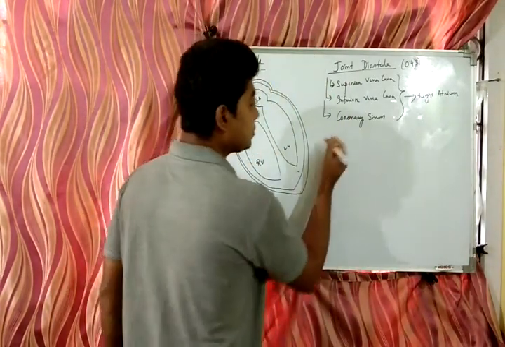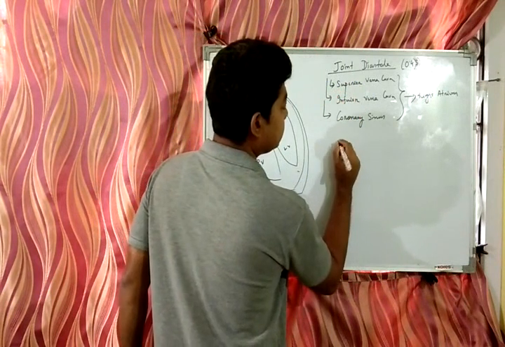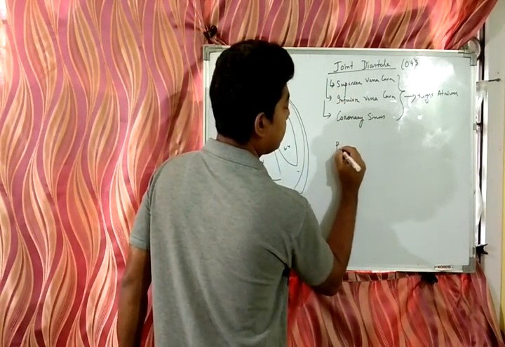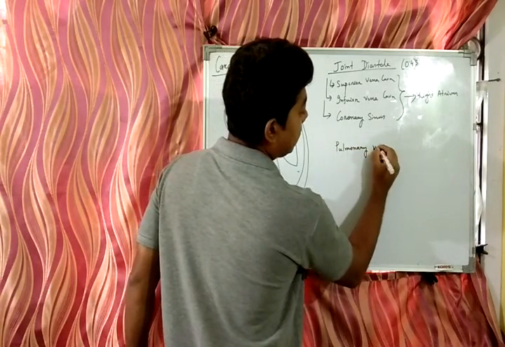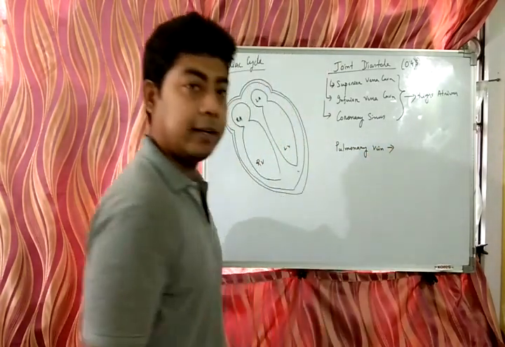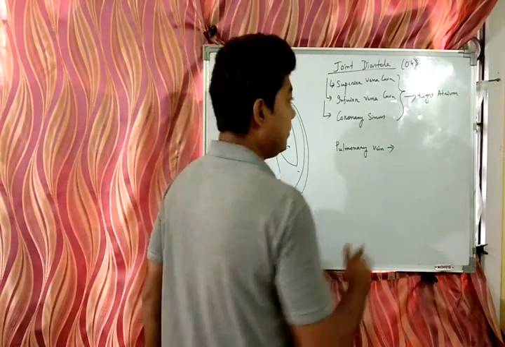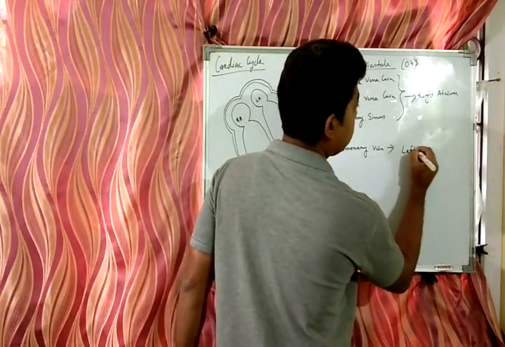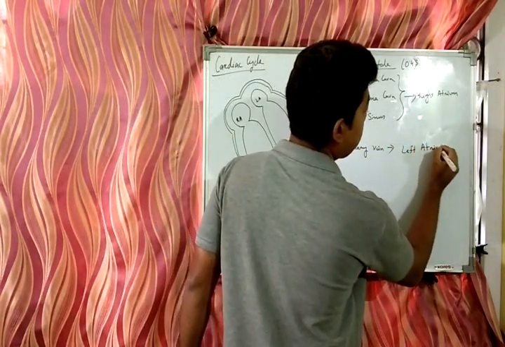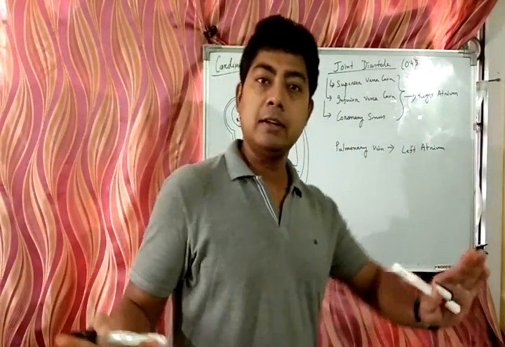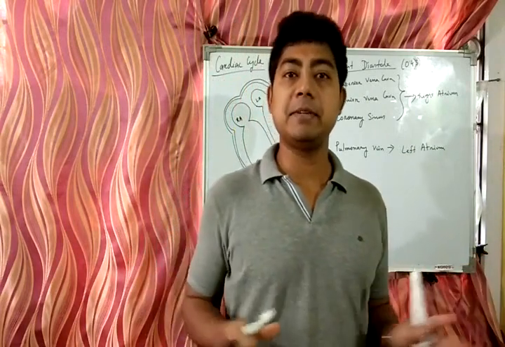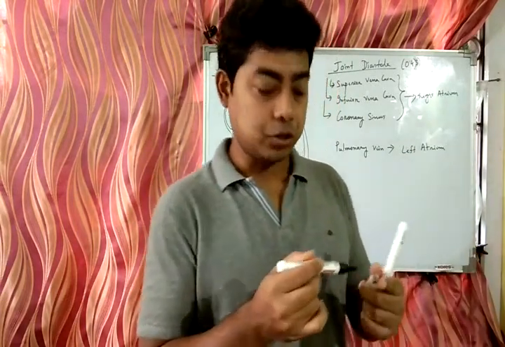Also, the pulmonary vein carries oxygenated blood towards the left atrium. Okay, that occurs when it is relaxed, that means in joint diastole.